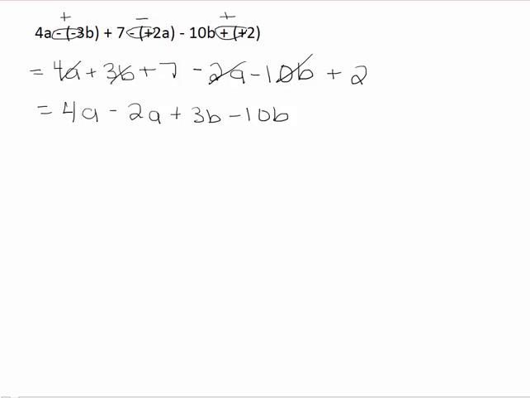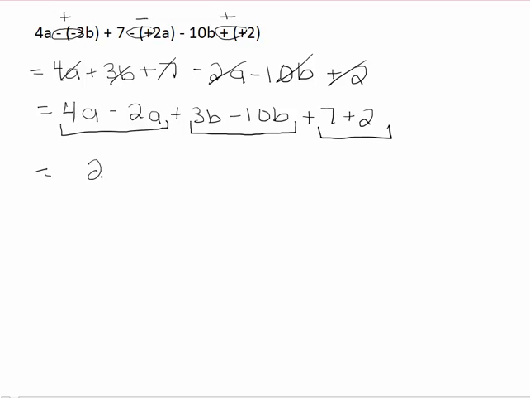And then finally we group our numbers together: plus 7 and plus 2. And our final step is to add the numerical coefficients. We add all our a's together, all our b's together, and all our numbers together. And we end up with 2a minus 7b plus 9. And again, that's as far as we can move with this question.